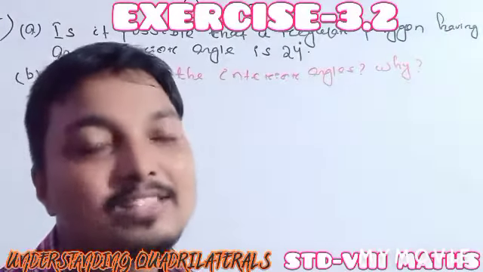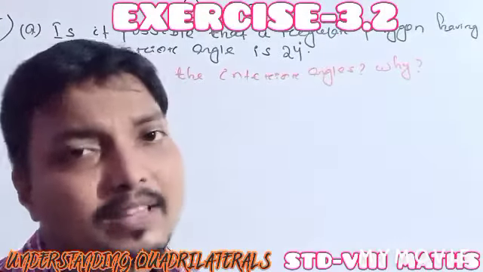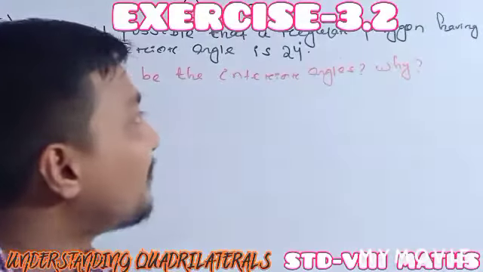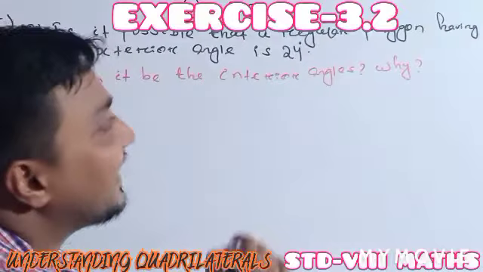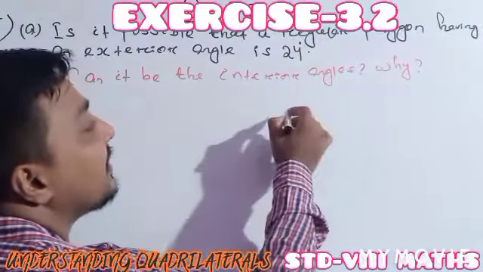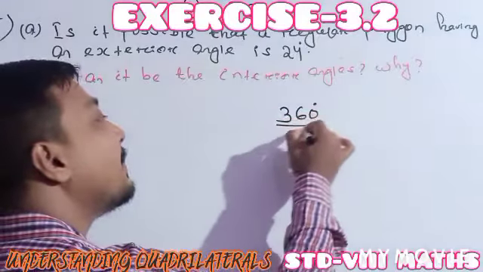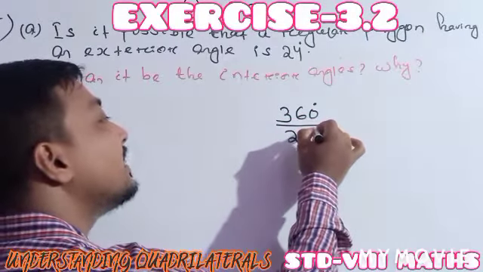If we get the number of sides as a whole number, then we can say that yes, the polygon is possible. To find which type of polygon it is, the formula is 360 degrees divided by each of the exterior angles.